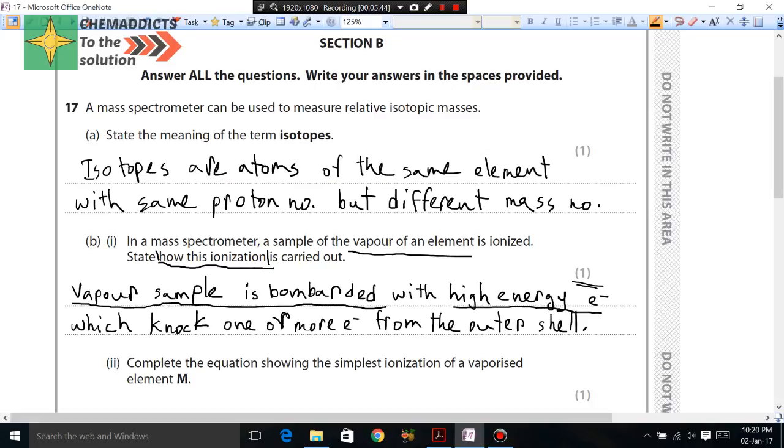The second part is with high energy electrons, which knock one or more electrons. Here comes the third part: which knock one or more electrons from the outer shell. This is the fourth part.